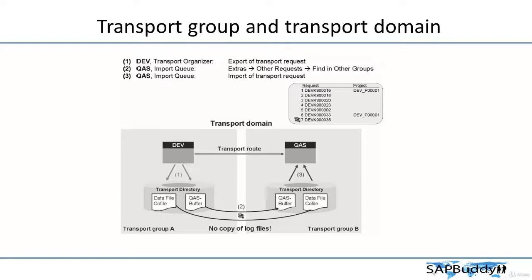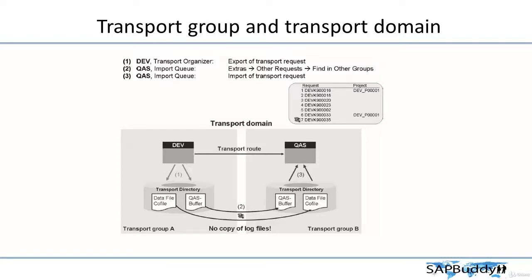Usually in all SAP systems in the transport domain, the same common transport directory is used. There are some situations where you would like to separate the transport directories, that means a set of directories in a transport group. The common transport directory is used basically when an SAP system is connected to the domain through a slow or extensive network connection.